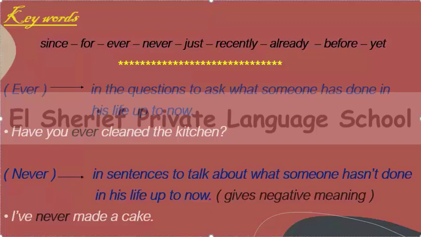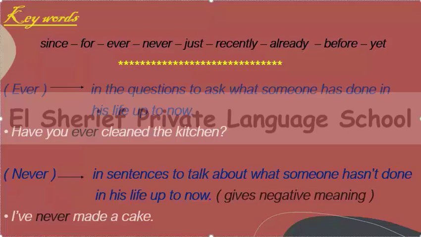Okay? Never comes in the normal sentence to talk about what someone hasn't done in his life up to now. Something he hasn't done. And it gives the negative meaning. Look at the example. I have never made a cake.